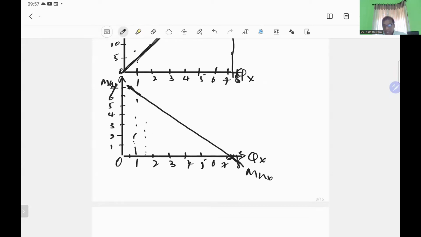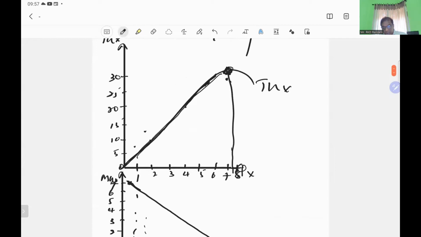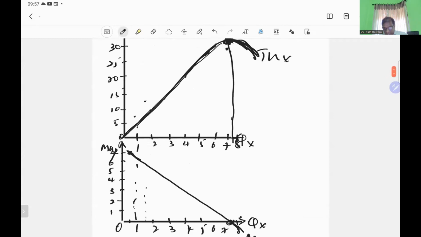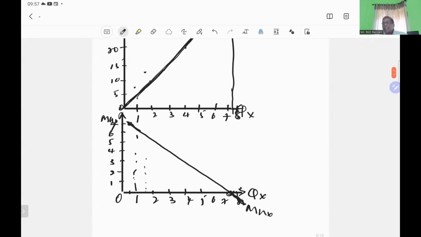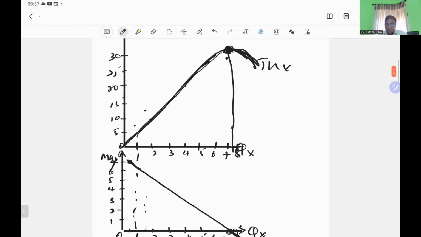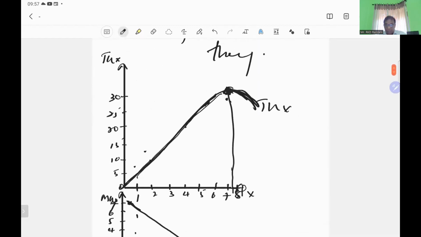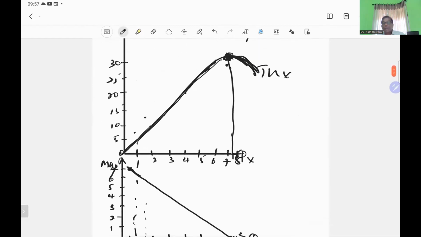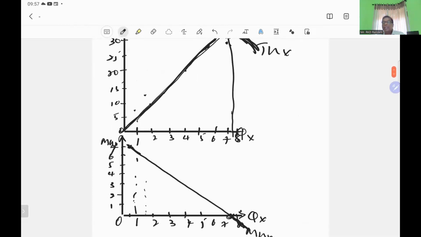Then TU turns down. What happened to the MU? It goes through the negative area. Graphically, you can realize well the relationship between TU and MU.